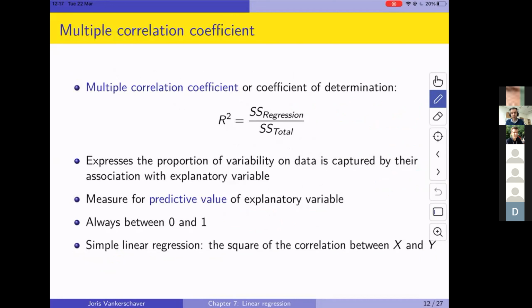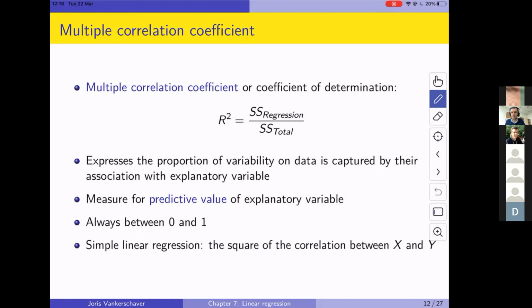And in establishing this quantity, what we basically end up with is a quantity that tells me how much variability of my data is captured by my model.